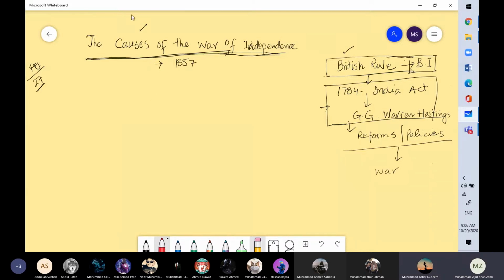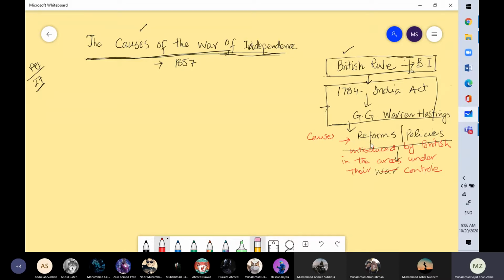Yes, sir. So the causes basically refer to the reforms or policies. I'm just writing here: the reforms or policies introduced by the British in the areas under their control, which we call British India.